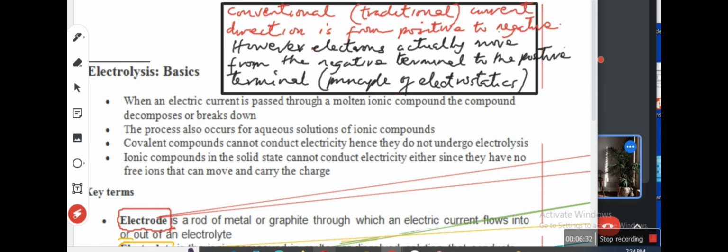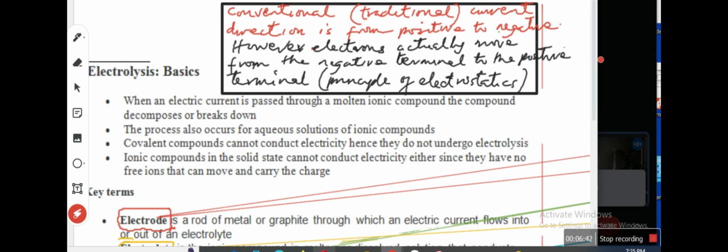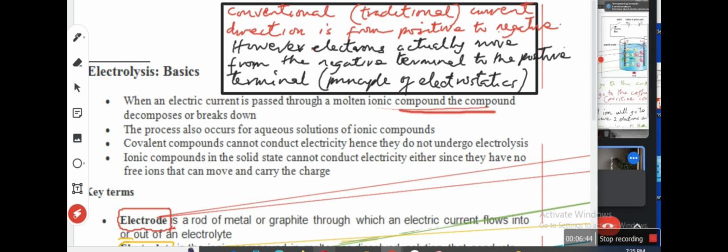So I said electrolysis is what happens when an electric current passes through a molten ionic compound, that's an ionic compound that is in molten state, melted, right? Or an ionic compound that is in a solution, aqueous solution.